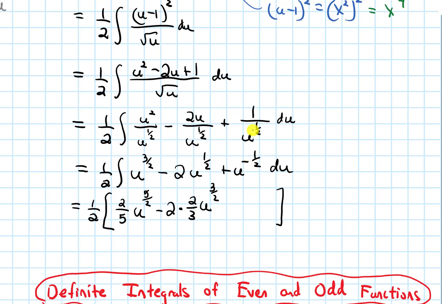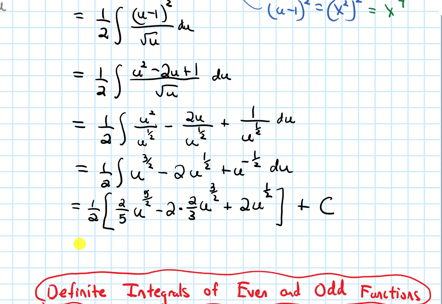For the last term, again I add 1 to the power to get u to the positive 1/2, and instead of dividing by 1/2, I'm going to multiply by the reciprocal, which is 2. And this is a general antiderivative, so I've got to write my plus C.